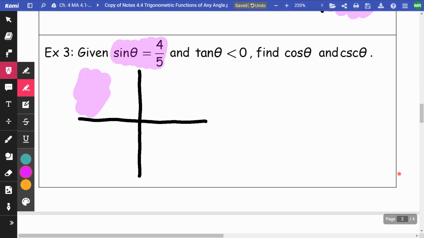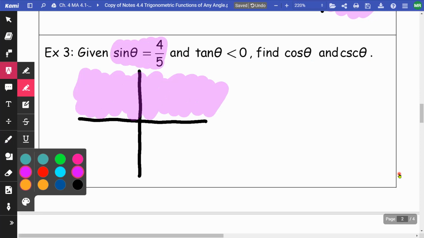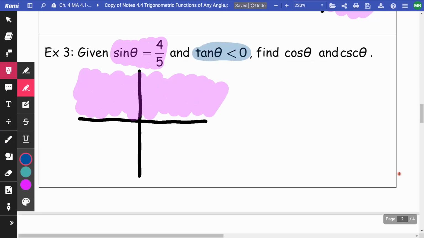So my sine is positive above the x-axis. Now, where is my tangent going to be negative? My tangent's going to be negative in quadrant 2 and quadrant 4. Now, where are both true? That's going to be in quadrant 2.